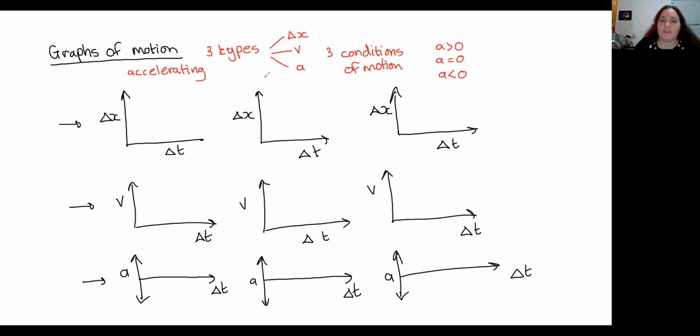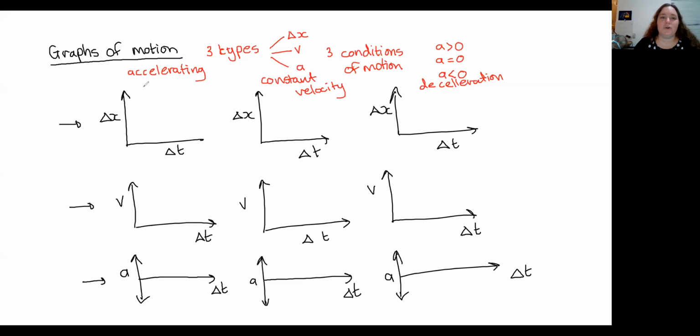Here it'll be motion that is traveling at a constant velocity. And the last column will be for motion that is decelerating. Some people view decelerating as a negative acceleration. I don't really mind which way around you view it, as long as you appreciate that both are equally appropriate.